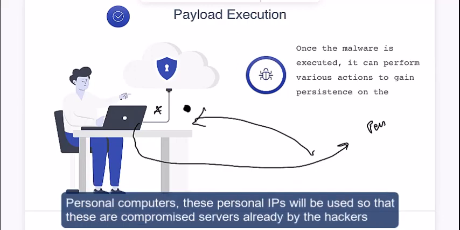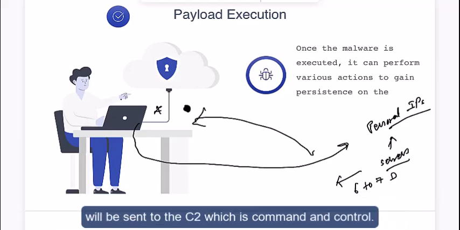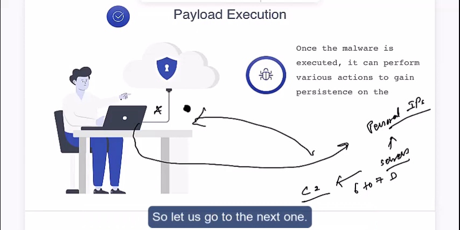Personal computers. These are servers already compromised by the hackers. After the 6 to 7 days period, this whole data, whichever is exfiltrated, will be sent to the C2, which is command and control. So let us go to the next one.